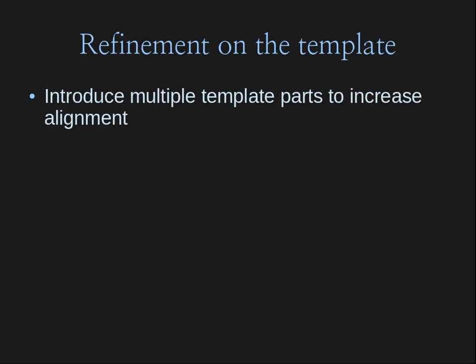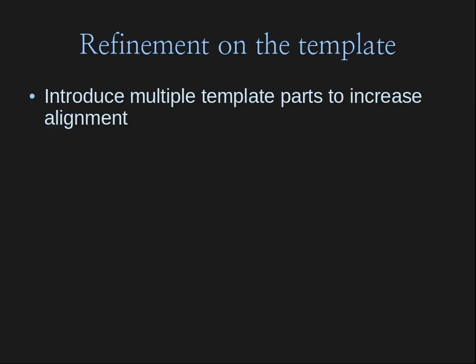Once we have that done, we get refinement on that template. Again, we have a lot of peripheral areas as well: a lot of amino acids interacting with the environment and interacting with each other.